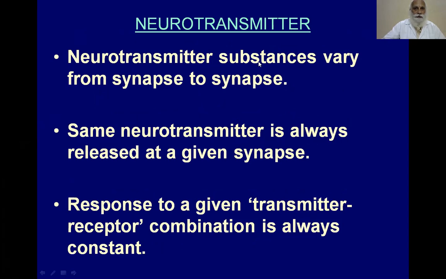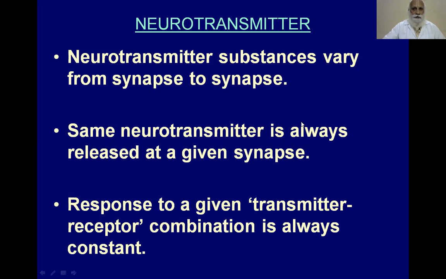Neurotransmitter substances vary from synapse to synapse. It is not that only one type of neurotransmitter is present in all synapses; a given specific synapse will have only one type of neurotransmitter, and different synapses will have different neurotransmitters. That is the variation.